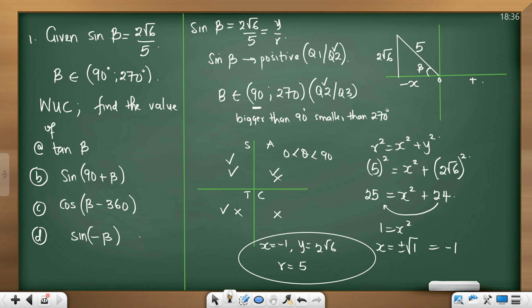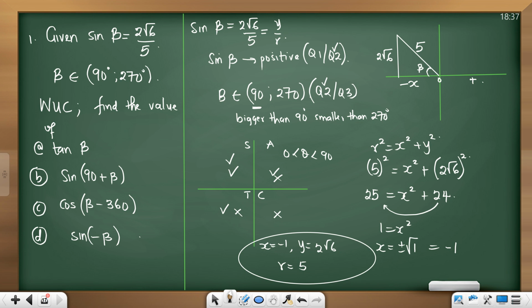X, y, every other thing I'm going to get, I will be getting from those.